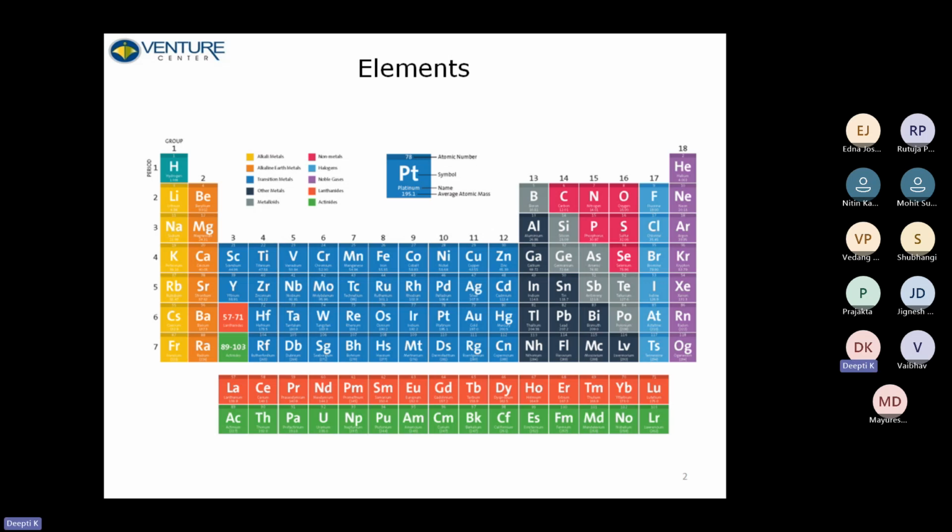Out of the 118 elements in the periodic table, there are techniques which can measure almost all of them. Different techniques can measure different elements.